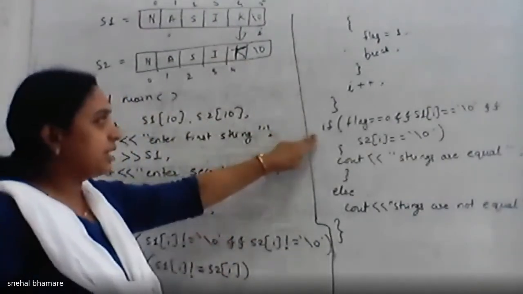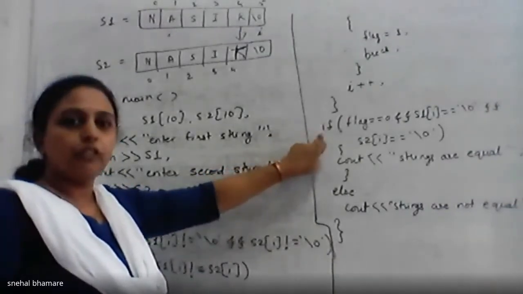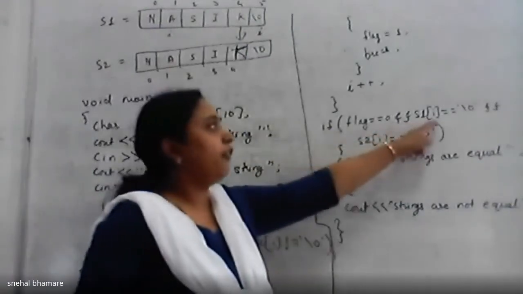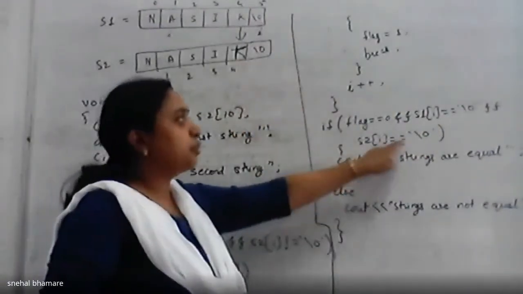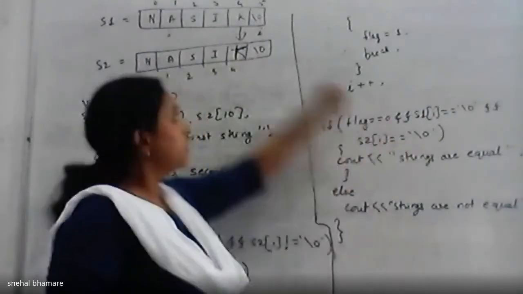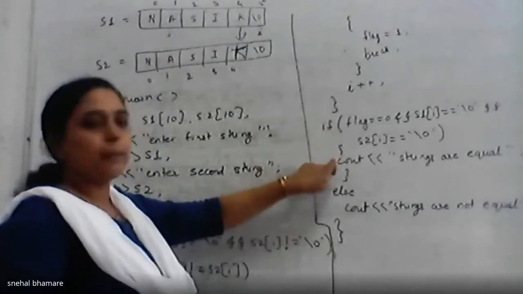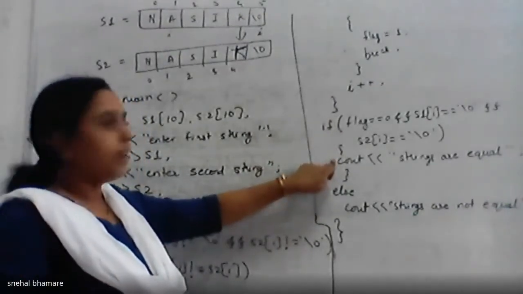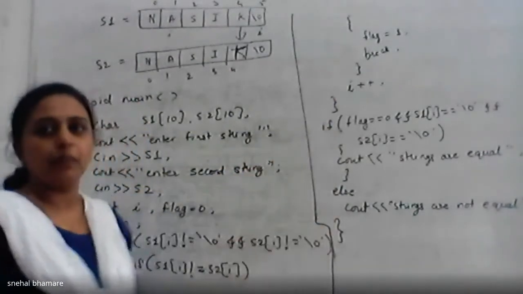Once it has come out of the while loop, it will check the condition for flag. Flag is 0, yes. Then S1 of 5 is equal to slash 0, yes. S2 of I is equal to slash 0, yes. All the conditions are true, then only display the message that both the strings are equal. If any of these conditions is false, it will display the message strings are not equal.